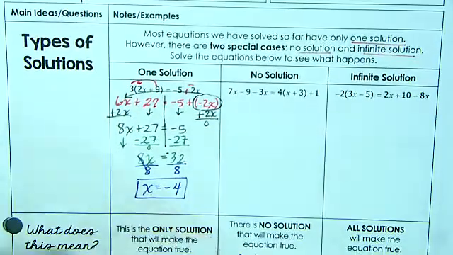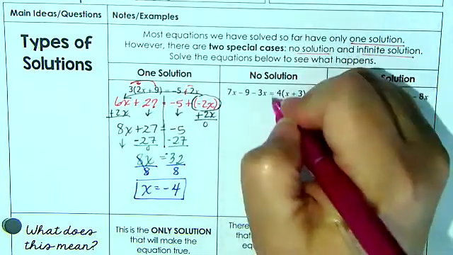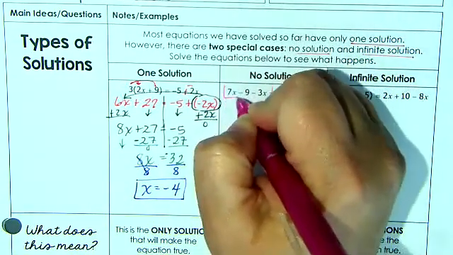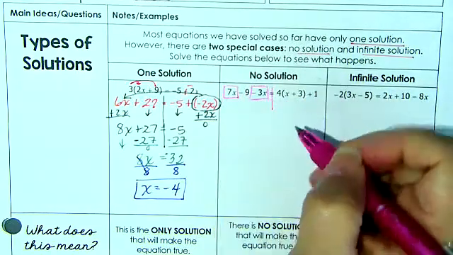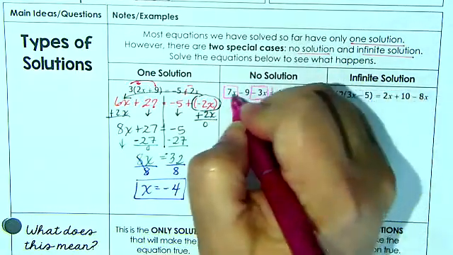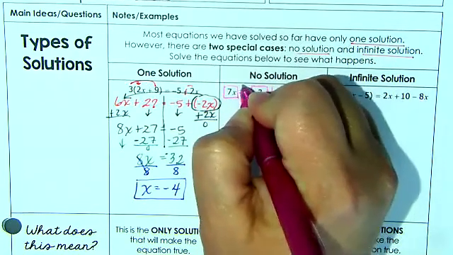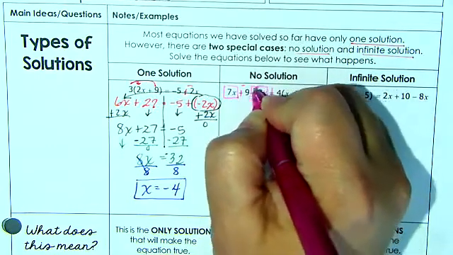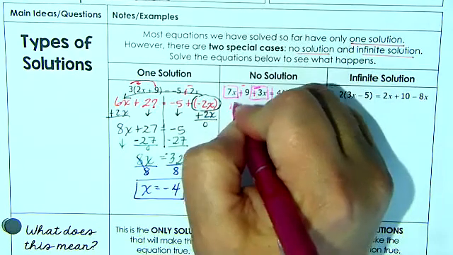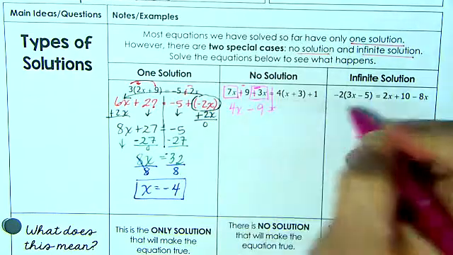Now we're going to get into our special cases. Same thing, we just simplify each half. We're going to simplify each half first. So I'm looking over here and I've got to combine my like terms. Remember, this is a negative. So this is going to become 7x minus 3x, or 7x plus -3x if we change these all to plus a negative. So that's going to give me 4x minus 9, or 4x plus -9.